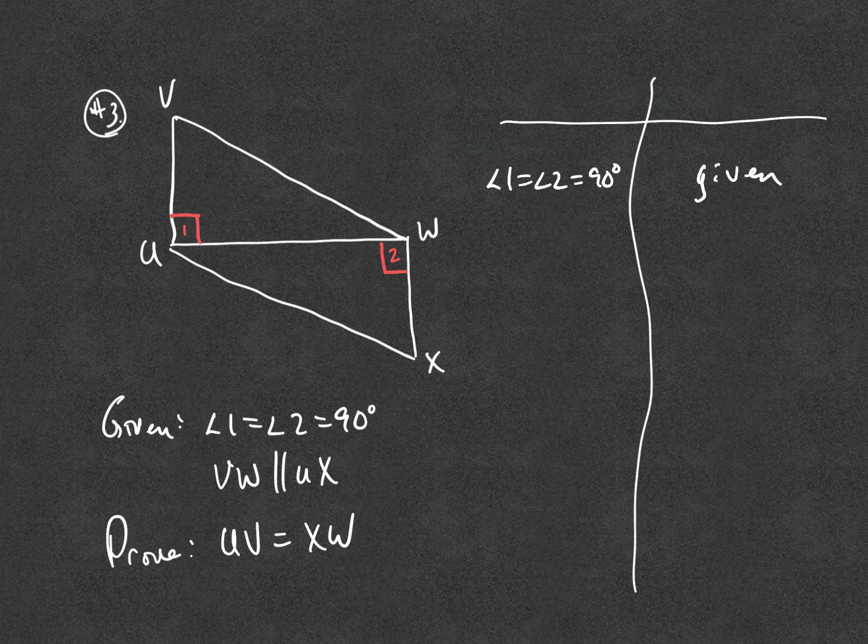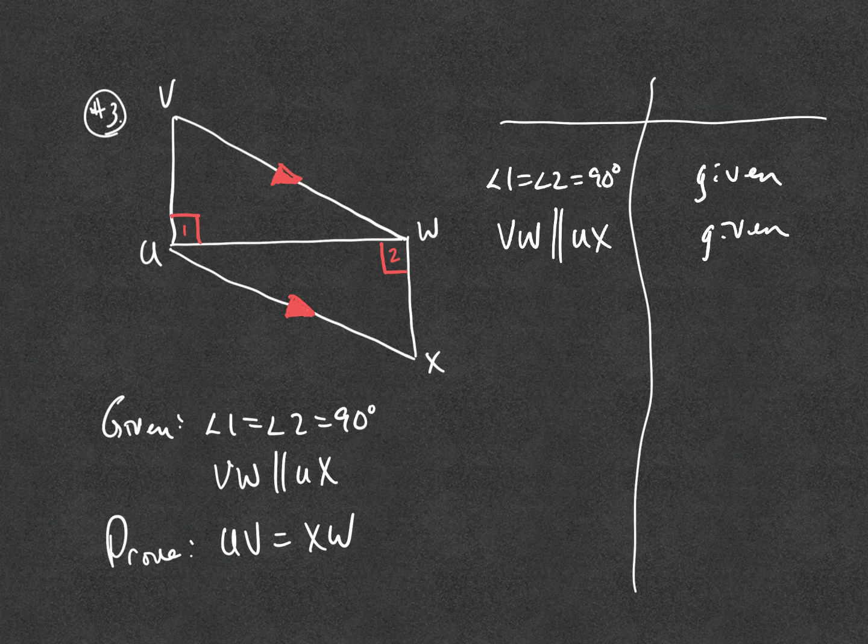Okay, next up, VW is parallel to UX, given. Now remember, the symbols for parallel in a picture are little arrows. I'm going to put an arrow on VW and an arrow on UX.